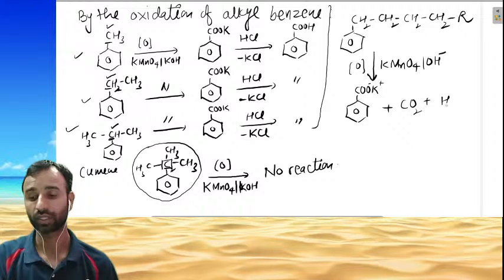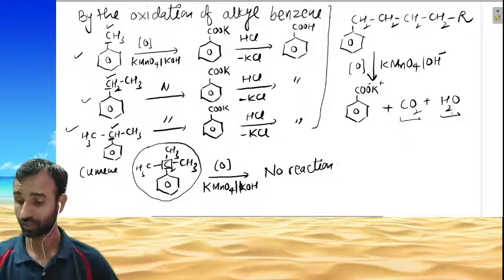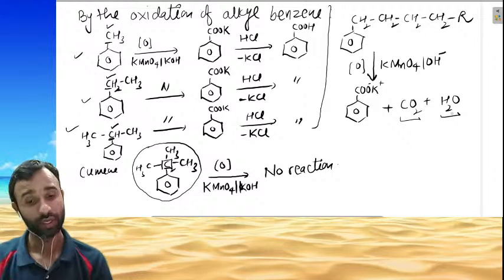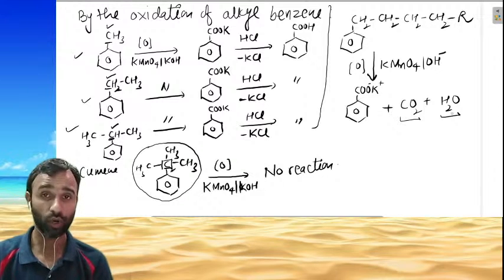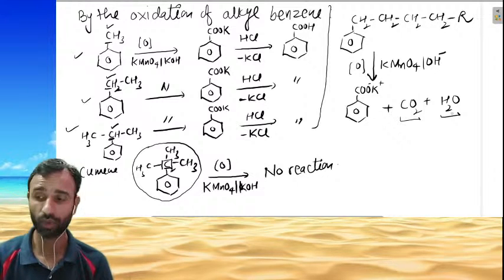How many carbon dioxide and water are formed? Depending upon number of carbons and hydrogens. Okay, done. Understood about alkyl benzene, oxidation of alkyl benzenes?